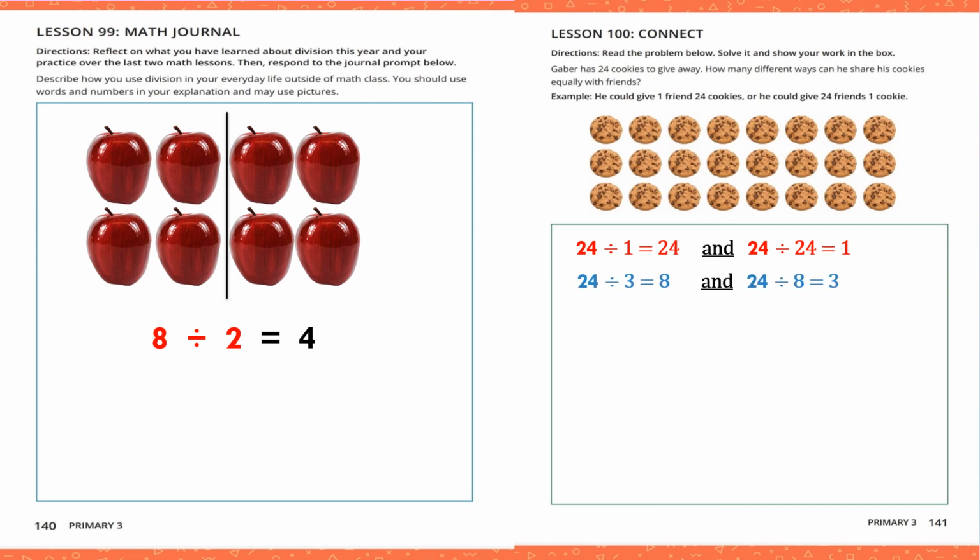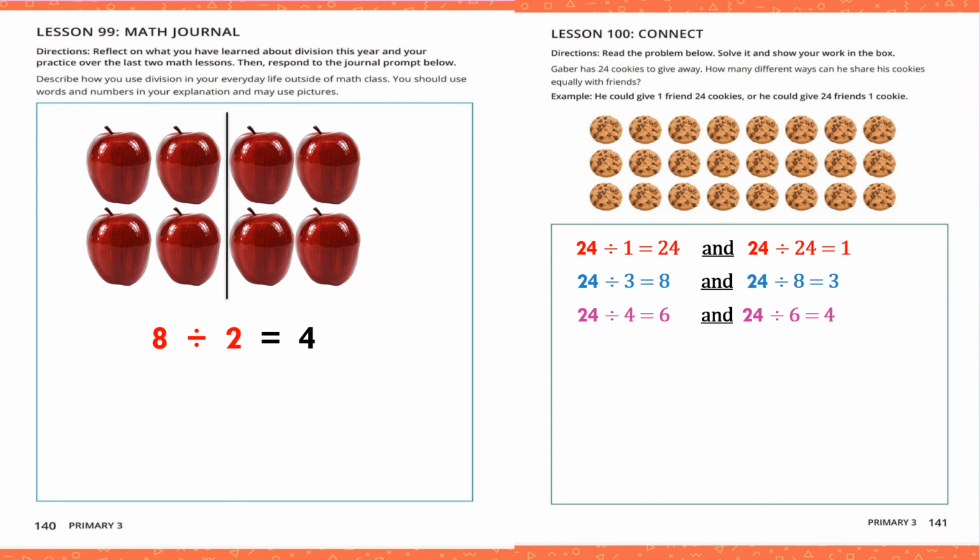Or 24 divided by 3 equals 8. And 24 divided by 8 equals 3. He can give 3 friends 8 cookies. Or 8 friends 3 cookies. Another way, 24 divided by 4 equals 6. And 24 divided by 6 equals 4.